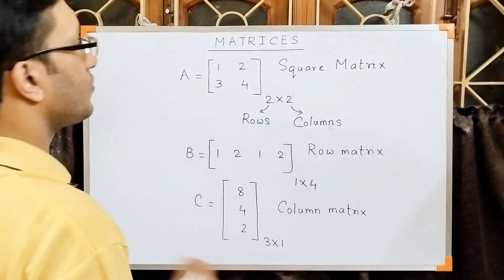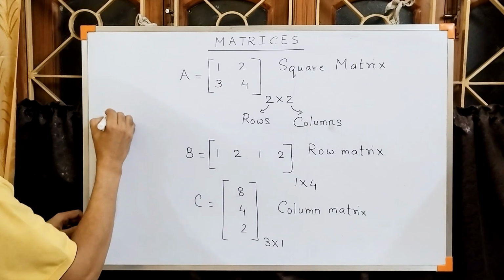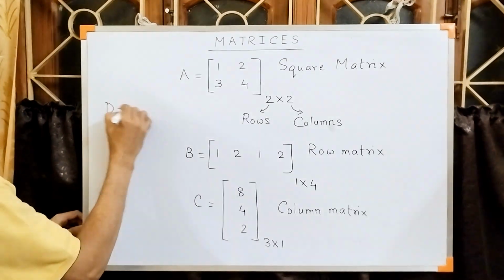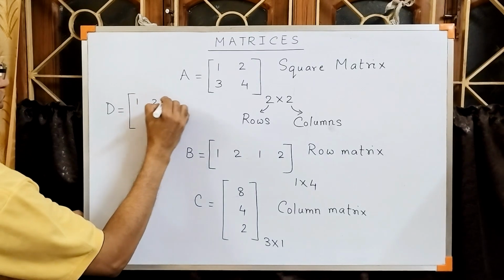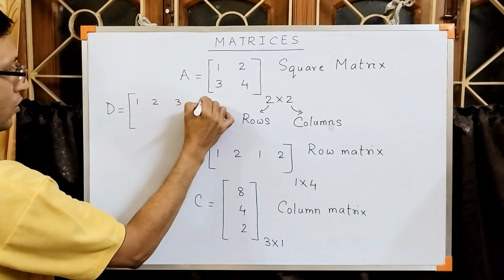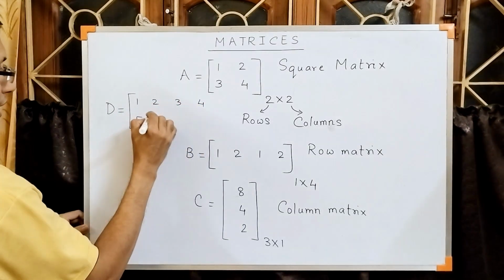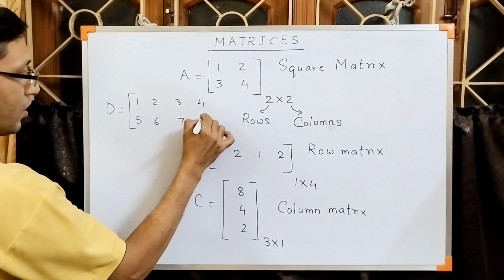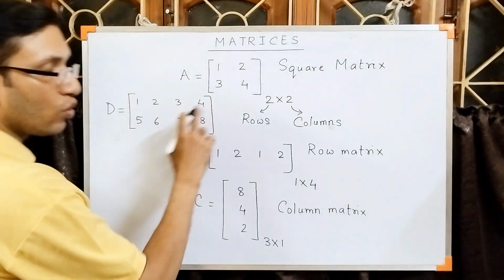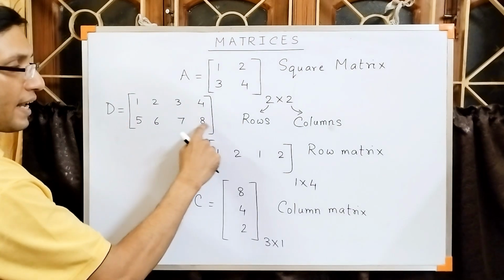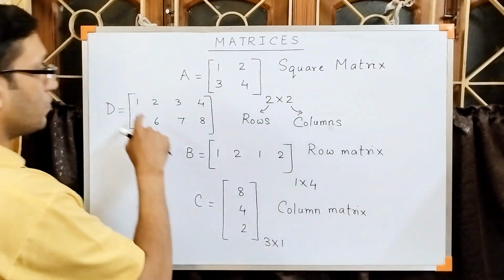Now, if I write another matrix D, suppose I write 1, 2, 3, 4, and here I write 5, 6, 7, 8. Here there are two rows and there are four columns.